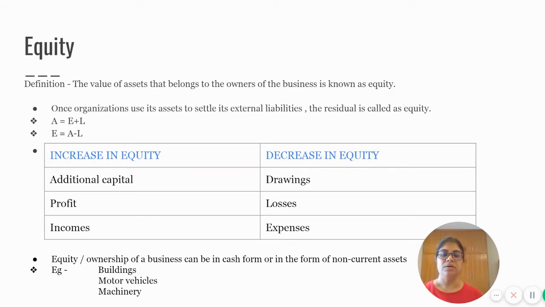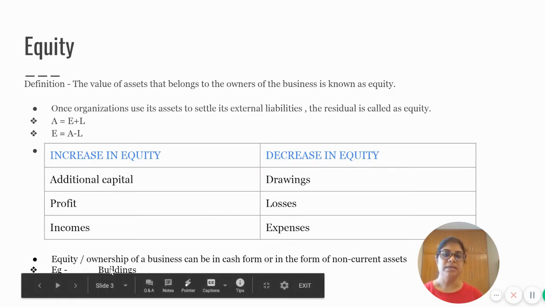Okay. Now, as I explained to you, the equity or the ownership of a business can be in cash form or in the form of non-current assets.